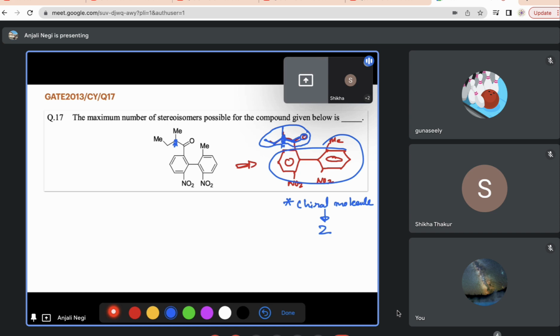Okay, so overall this is a chiral carbon there. Because of this other chiral carbon, we will have 2 other stereoisomers, correct, and overall we will have a total of 4 stereoisomers present in this compound.